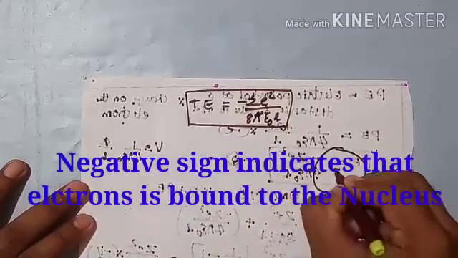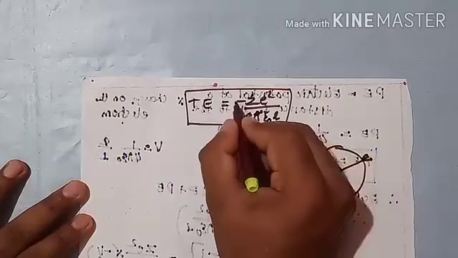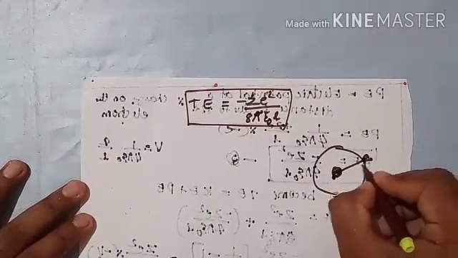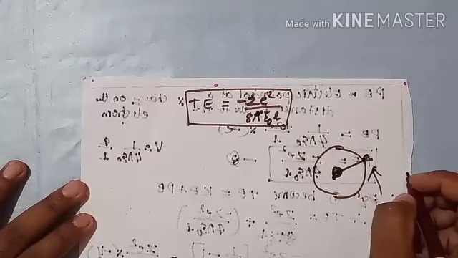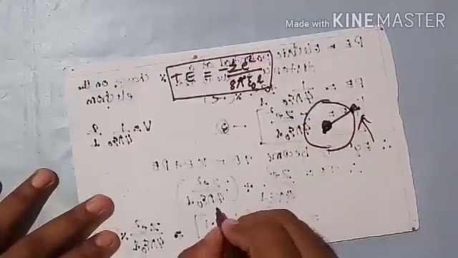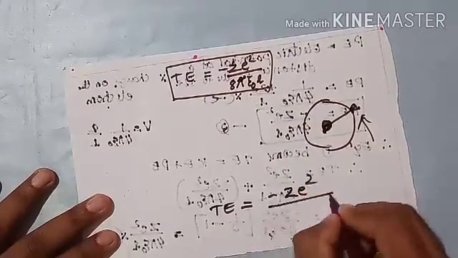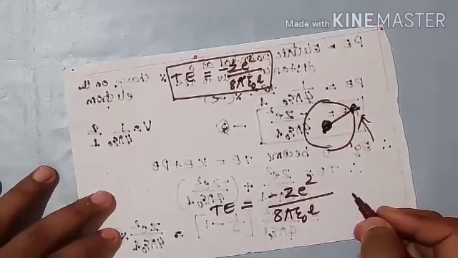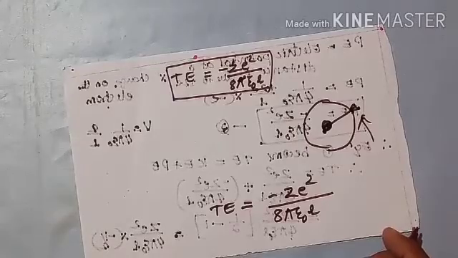You saw here, this is the nucleus and the electron is fixed around this. In order to take out this electron, you must supply some energy. This is the expression for total energy of the electron in the hydrogen atom by using the Rutherford atomic model.